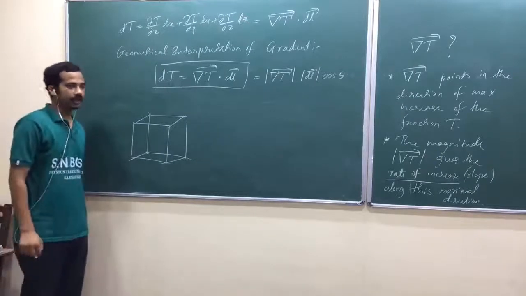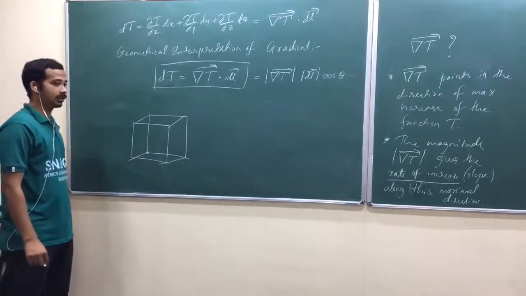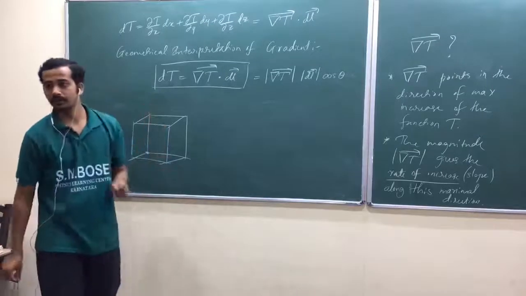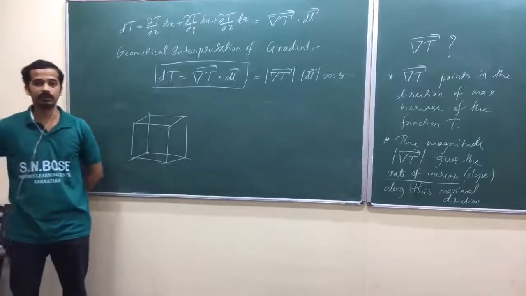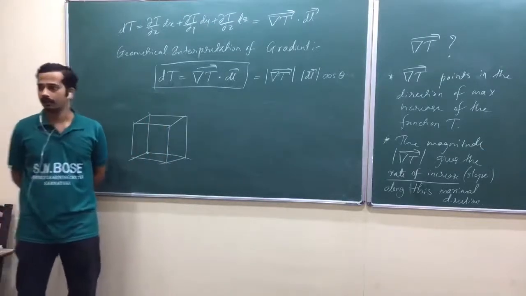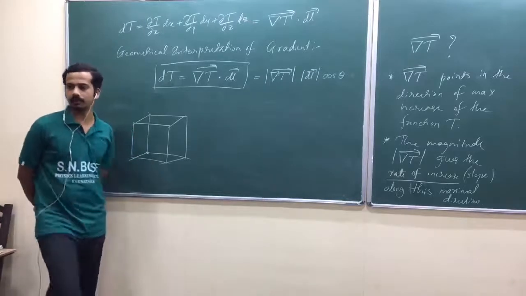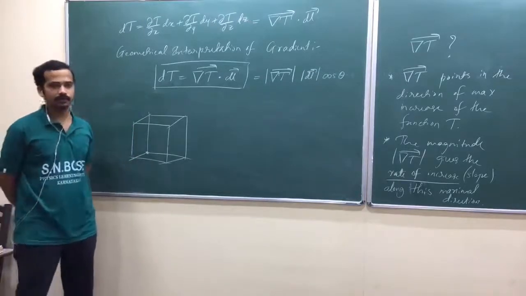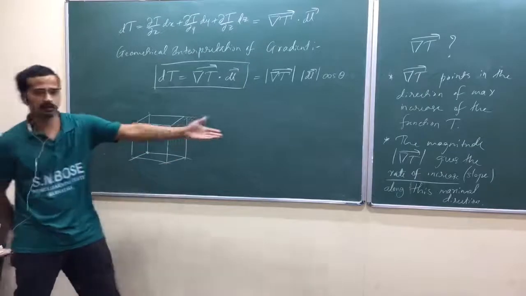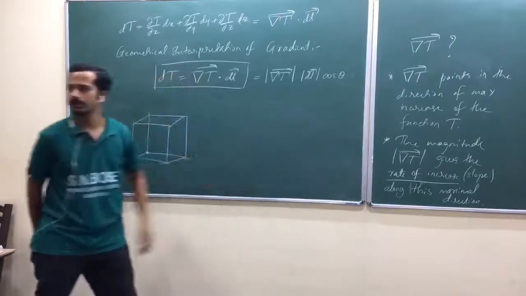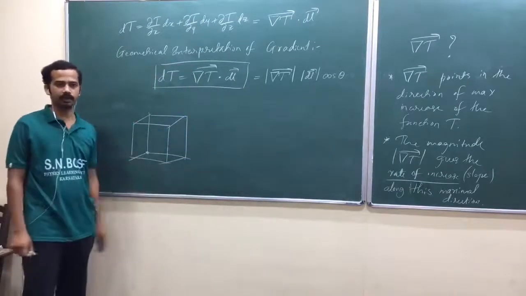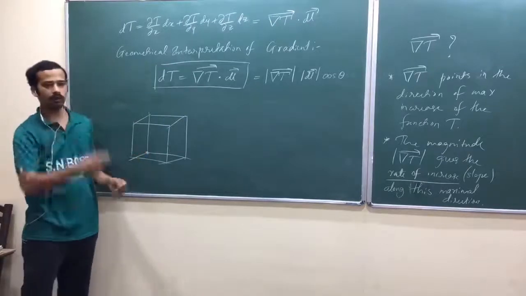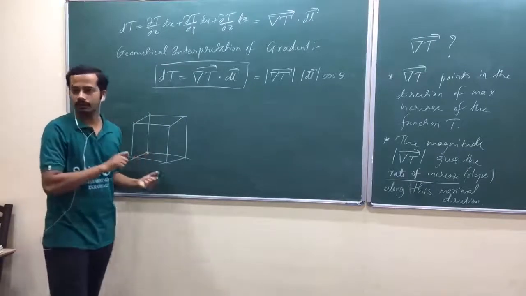Now take that idea. When you move in different directions, the rate of change of temperature is also different, right? Are you getting my point? The rate of increase or rate of decrease of temperature is different in different directions, am I right? When you move radially outward from that point, your rate of decrease is maximum.